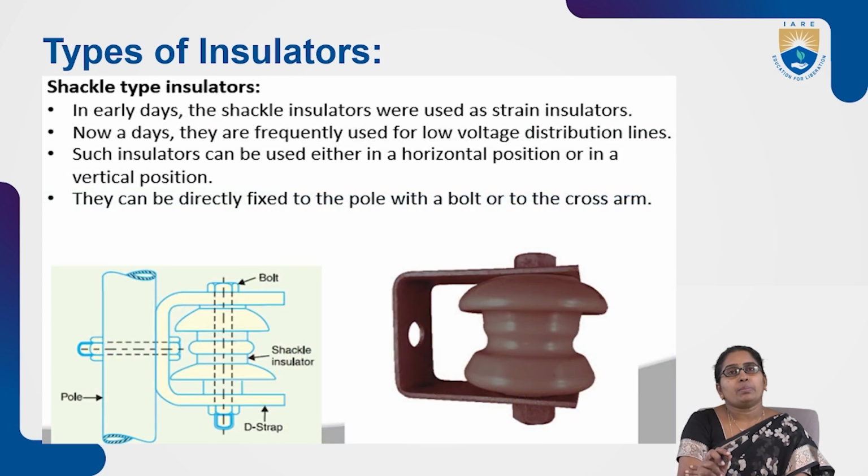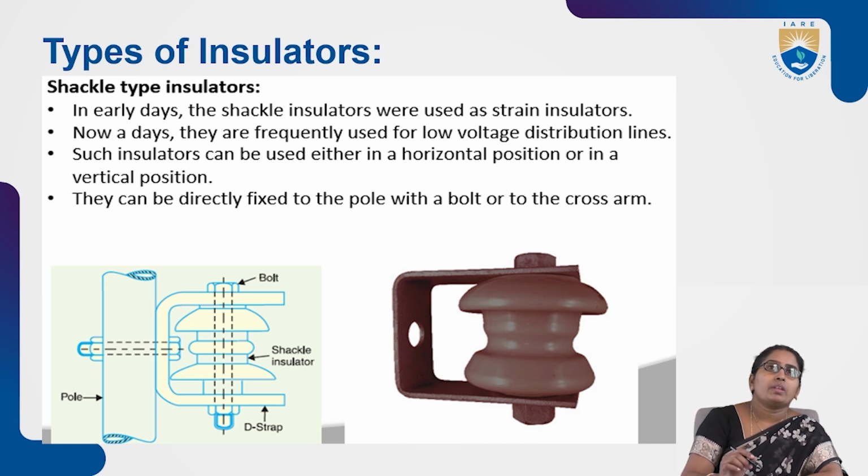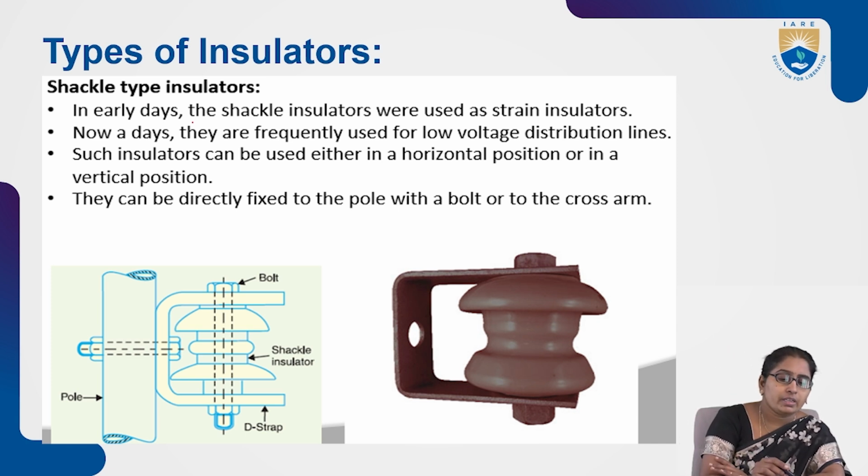So this is the Shackle type insulator. In early days, Shackle insulators were used as strain insulators. For voltages less than 11 kV, they use the Shackle insulator as a strain insulator.